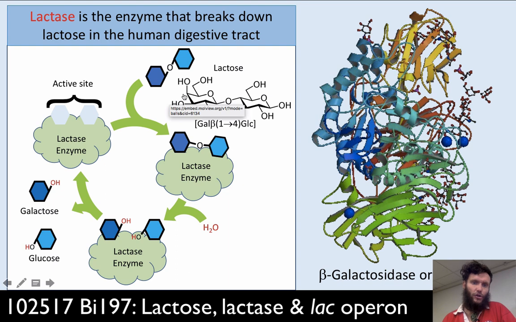In glucose, this should be equatorial. So this is a glucose ring, and we see how it's equatorial here. So the stereochemistry around carbon 1, 2, 3, and 4 is different between glucose and galactose.